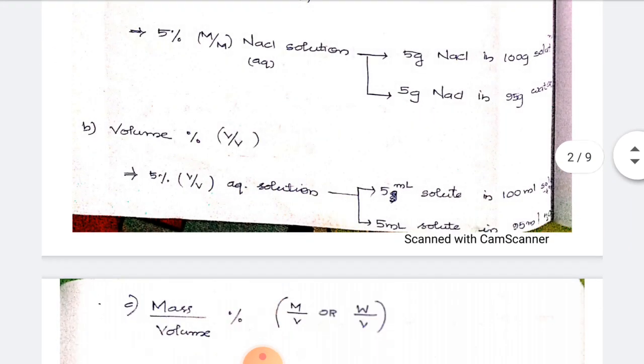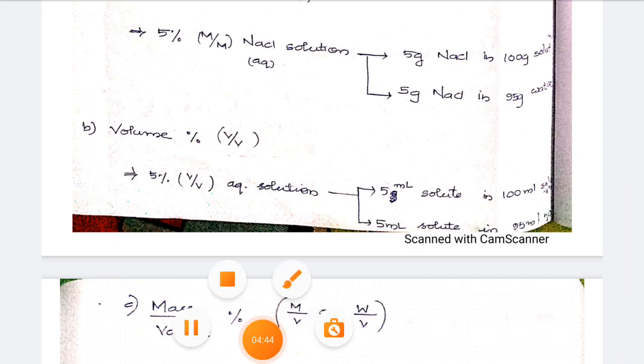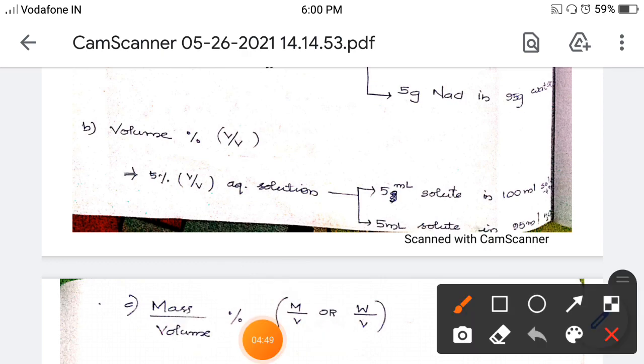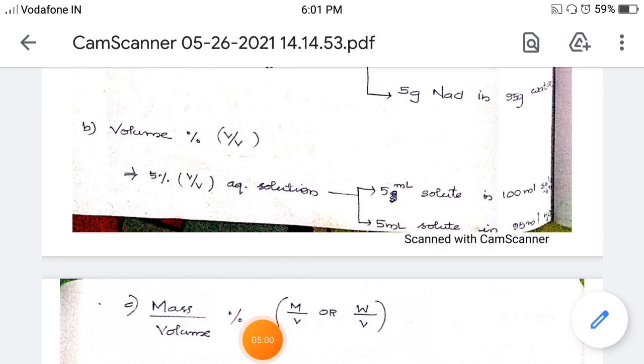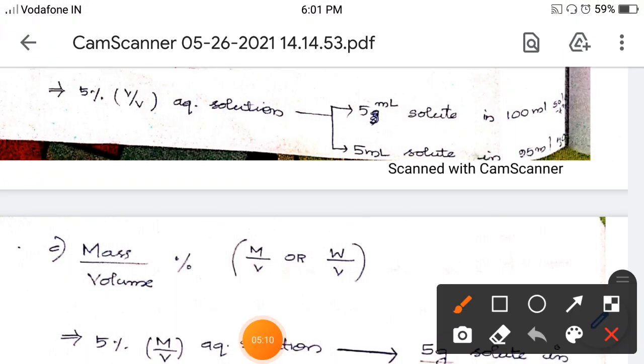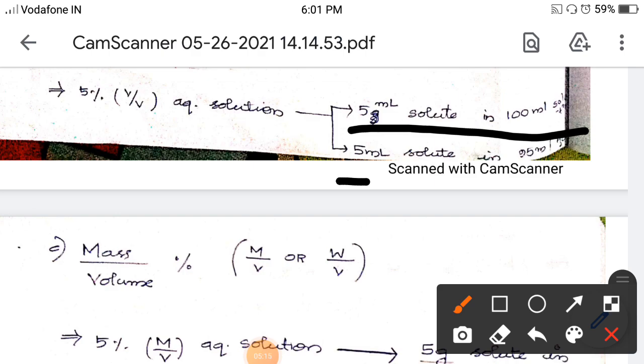Next, volume percentage, expressed as V by V. A 5% V by V aqueous solution means 5 ml solute in 100 ml solution, and 5 ml solute in 95 ml water.